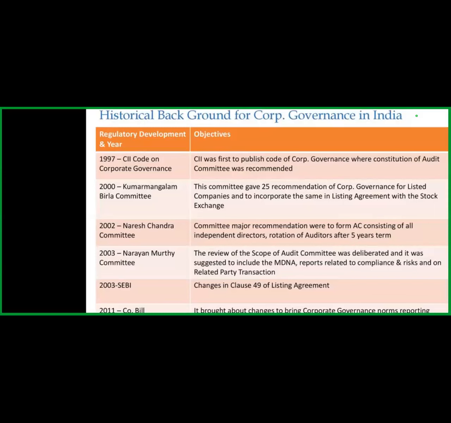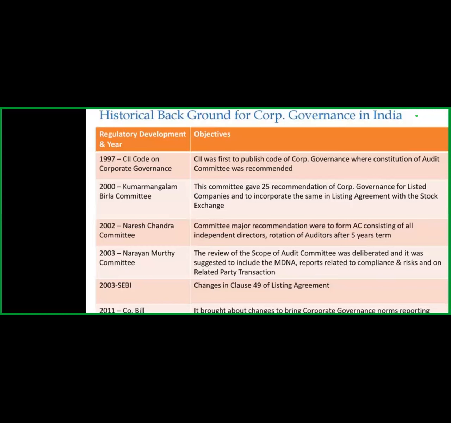When 25 changes are made, why is it essential for the government to come up with, say in 2002, we can see that again a new committee was constituted. Again in 2003, a new committee was constituted. Again in 2011, a new committee was constituted. Why are new committees continuously being constituted?